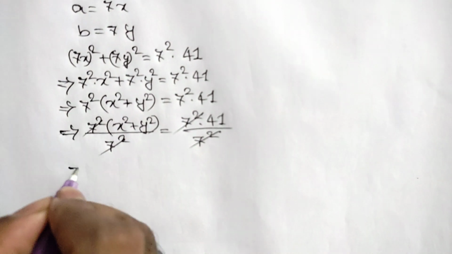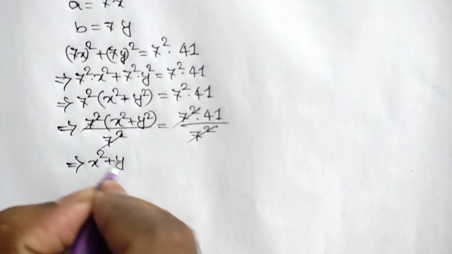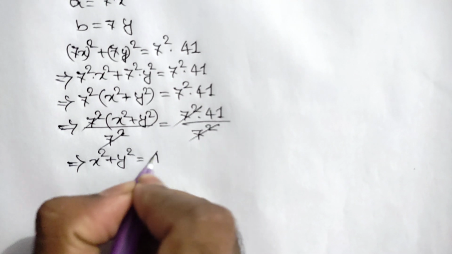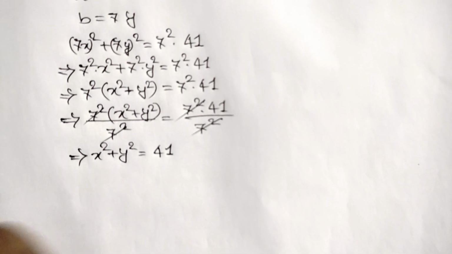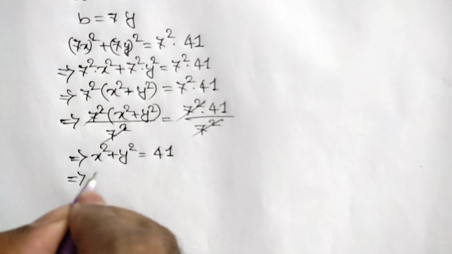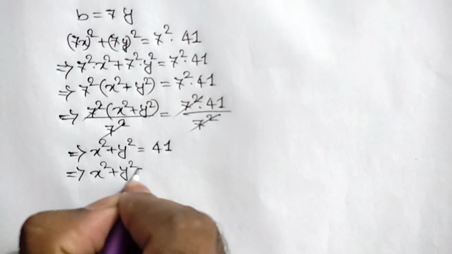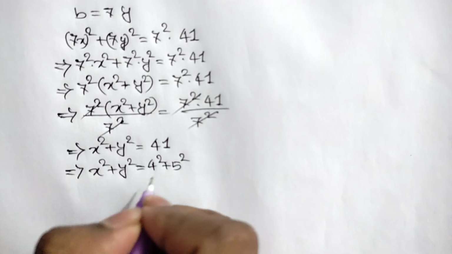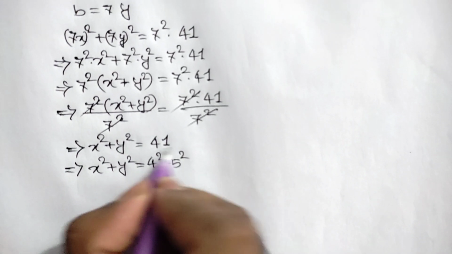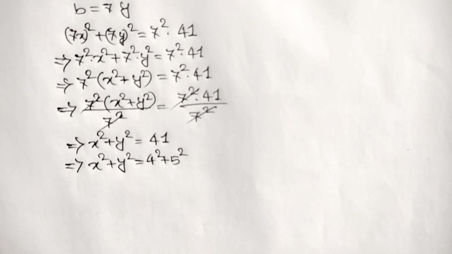So it will remain x square plus y square is equal to 41. Or here we can write x square plus y square is equal to 4 square plus 5 square, because 41 can be a sum of two square numbers in only this way.